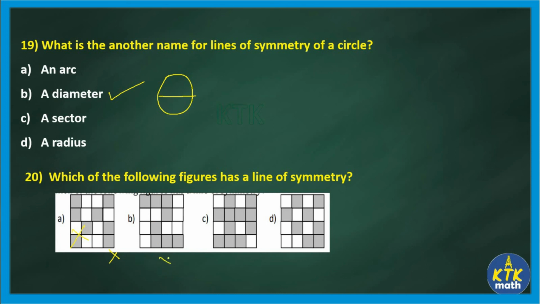Not possible. C, you can draw a line of symmetry diagonally. Yes, it is possible, right? Shaded, shaded, shaded, not shaded, again shaded, not shaded. Everything is completely along the line of symmetry. It makes a mirror image, right? So D is not possible. Therefore, question number 20 answer is option C.